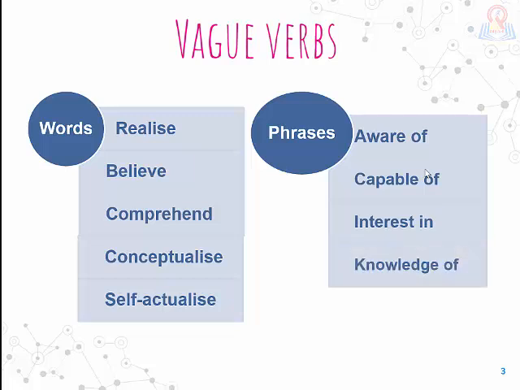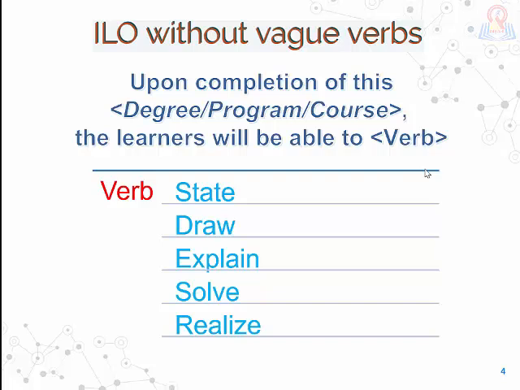These are some of the examples which we must avoid because these are vague. So, while writing a good intended learning outcome, we must avoid these types of vague verbs. I have already mentioned five verbs. Which one is vague? As I already mentioned, realize is vague. We have to remove this from our list.